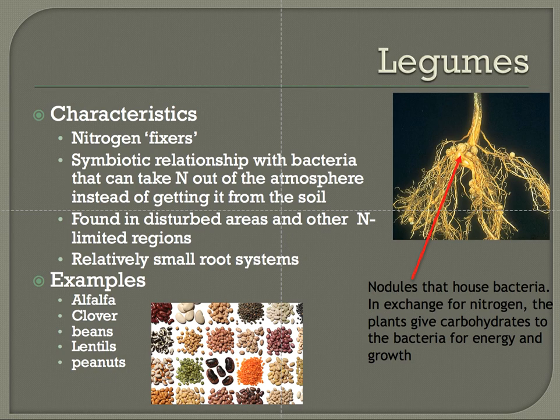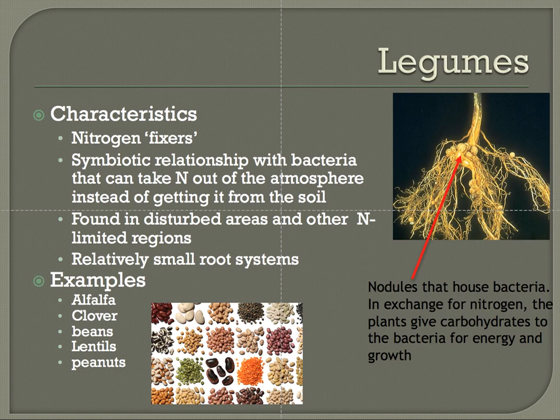So most plants have to take up nitrogen that's in the soil, either as nitrate or ammonium or amino acids. So they kind of have to soak it up through their root system. And there's not a lot of nitrogen out there. I'm sure you all have talked about or heard about the nitrogen limitation that occurs in most places.